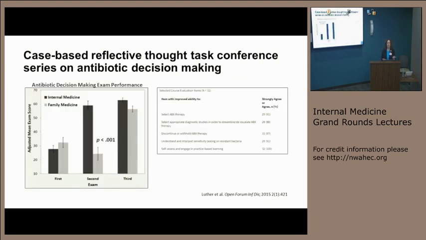And we found it really helped. At baseline, exam scores for antibiotic decision-making were very similar between internal medicine and family medicine. After the intervention, internal medicine scores went up, and then we did the intervention with family medicine, and their scores went up. And the difference was sustained over a year.